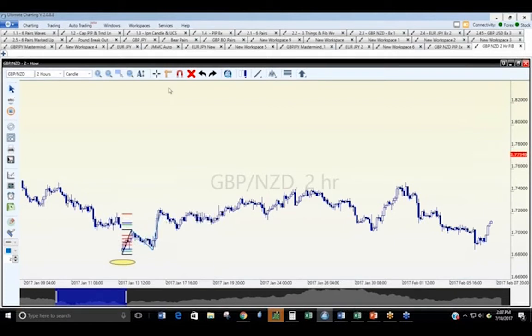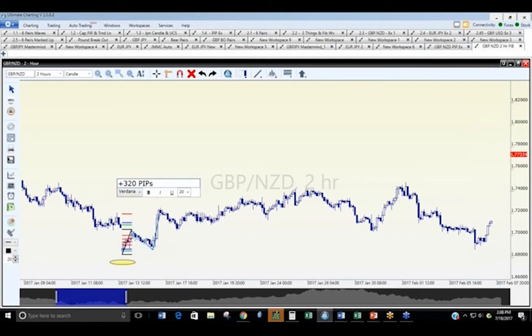Now, we have a tool right here, this measuring tool. I showed you this before. So if we just measured this, this would be 320 pips in 3 bars. Okay, this is a 2-hour chart, so let me write this down. Here would be an example where you made 320 pips.